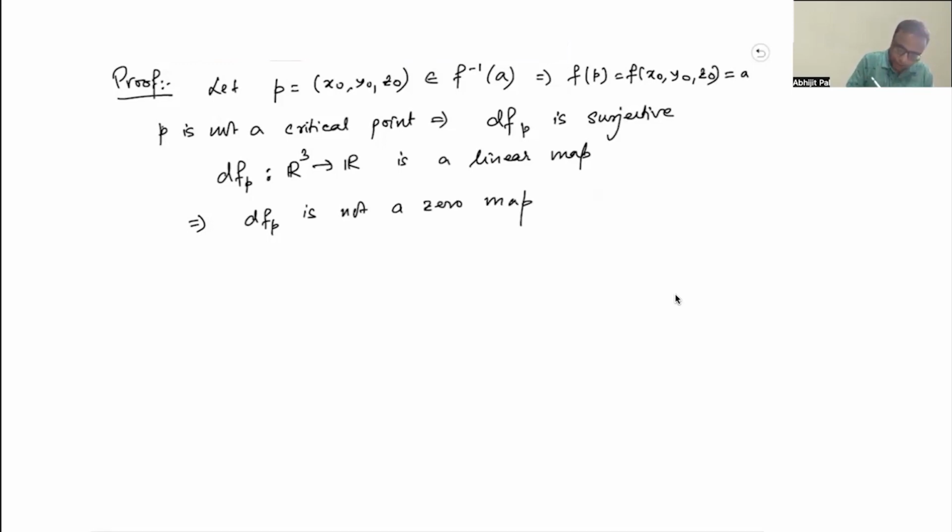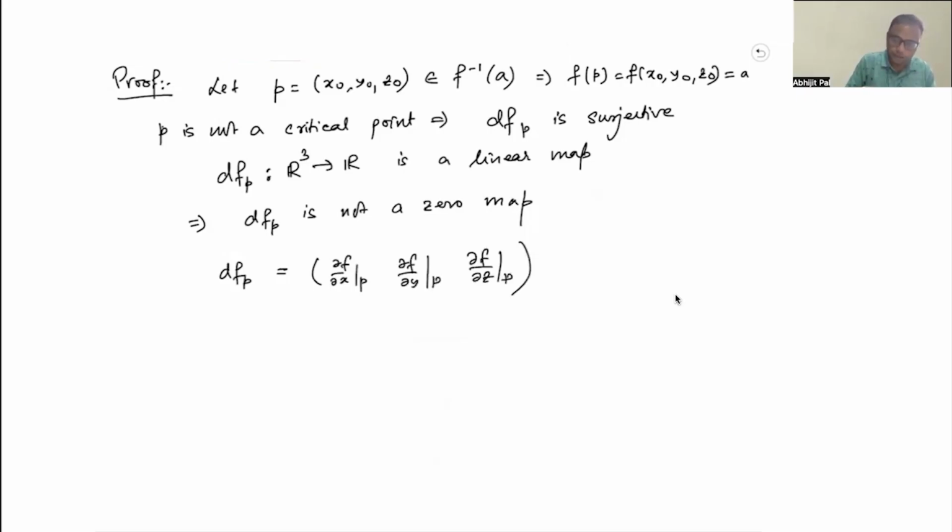Okay, so this means that if I take D of f, the matrix of this is del f del x at the point P, del f del y at the point P, del f del z at the point P. Okay, so just take the grad of f.